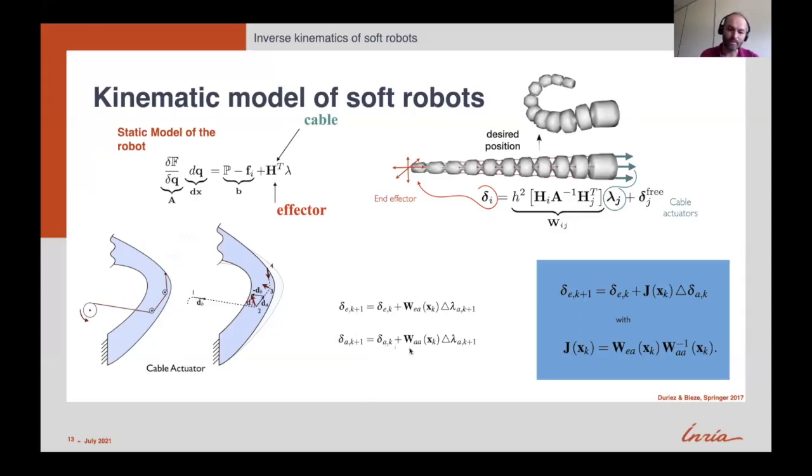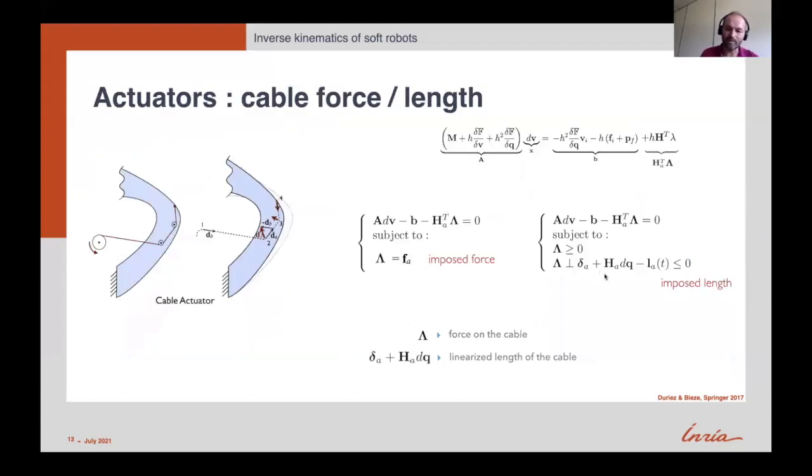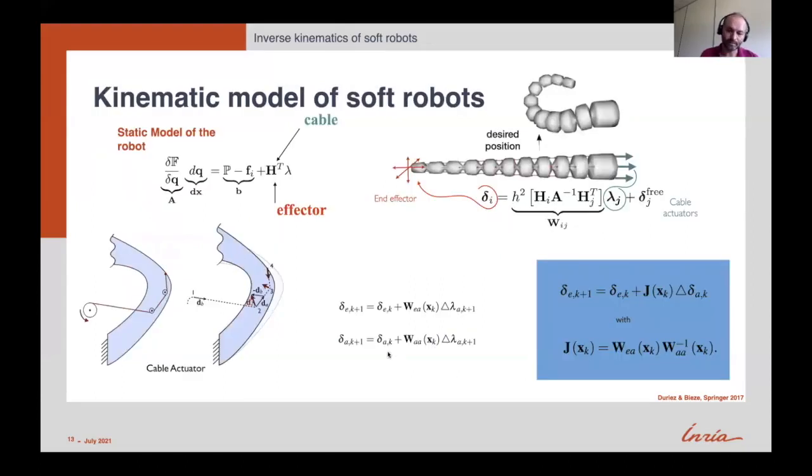That's what we have here in this equation. Here, delta is the measurement of the length, so the variation of the length based on the variation of the force on the cable. And here you have a projected compliance.